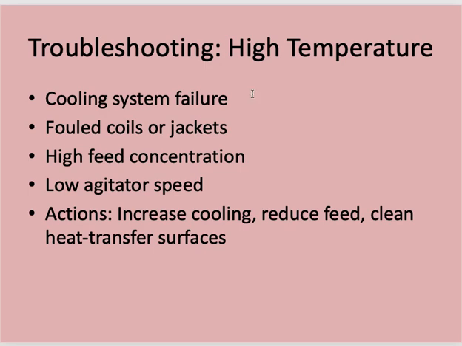This may be related to cooling system failure or fouled coils or jacket, which means it is not clean. You need to shut down and clean or remove this fouling material. High feed concentration or low agitator speed can also be the cause. The action here will be to increase the cooling, reduce the feed, and clean the heat transfer surface.